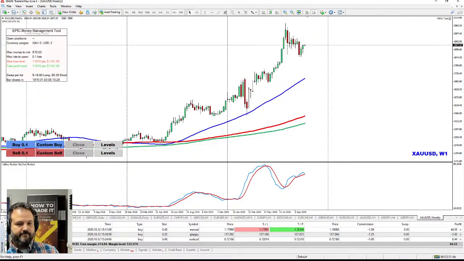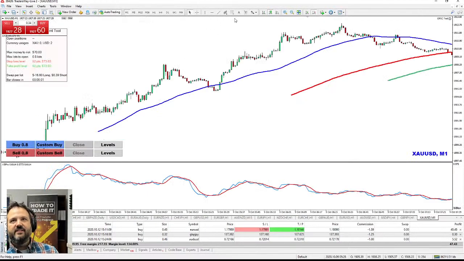Now, what's the spread on gold? It's pretty high, isn't it? Let's take a look at it. I think that's why I stopped trading it. 1927.38, 27. So it's about 30 cents. Okay, that's not bad. It's not terrible. I mean, it's harder to scalp with a 30-cent spread, if you're trading that on a 1-minute chart.